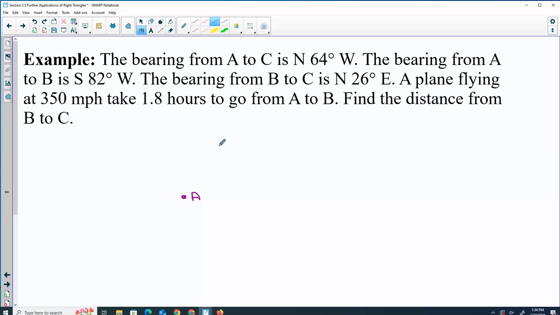Bearing always requires a north-south line, so I'm just going to draw that. Okay, so to get to point C, we have to go north 64 degrees to the west.